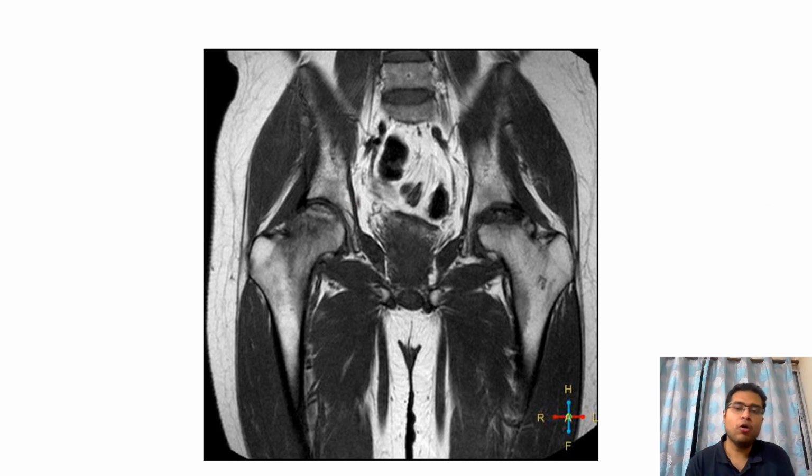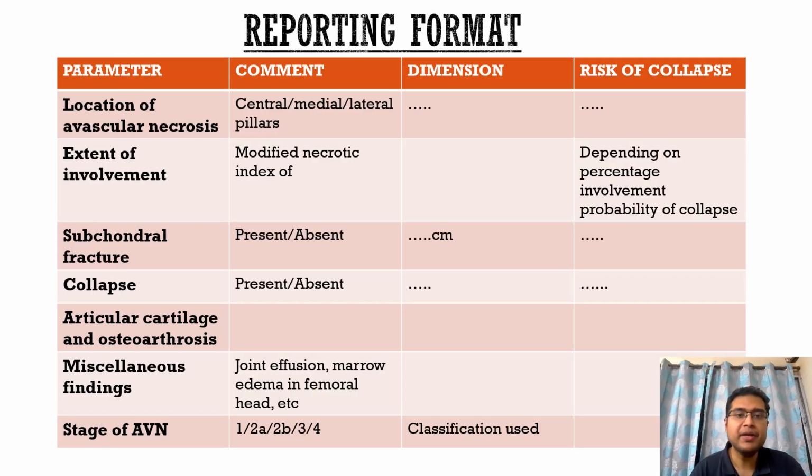So reporting of AVN. This is the typical very important reporting format of a case of avascular necrosis of the hip, and all these parameters are to be conveyed within the report to the clinician so that it helps him in the management of the patient. These parameters include the location of the avascular necrosis, which is the central, median, the lateral pillars. That is a 3-pillar model, which I'll be discussing later on in the video.